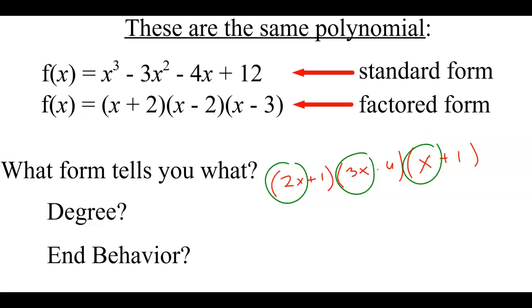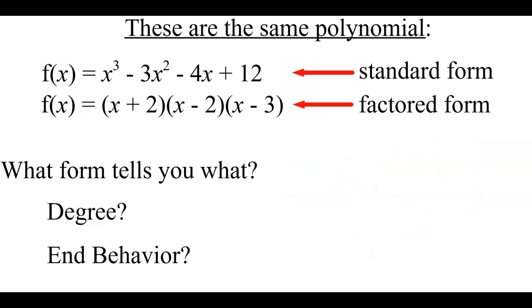So 2x times 3x would be 6x squared times another x would be 6x cubed. Now we know that this has a positive leading coefficient and an odd degree. So just keep in mind, when I'm talking about end behavior, I always want standard form, and all we care about is the very first term.